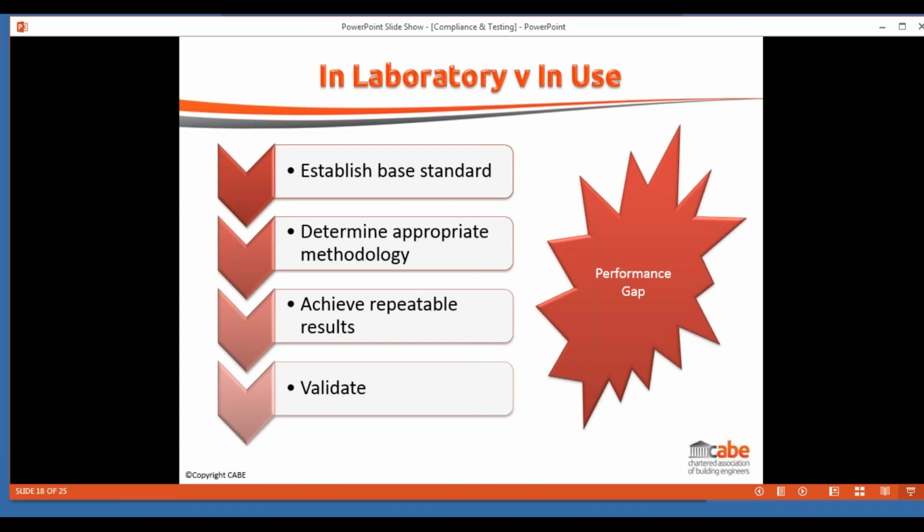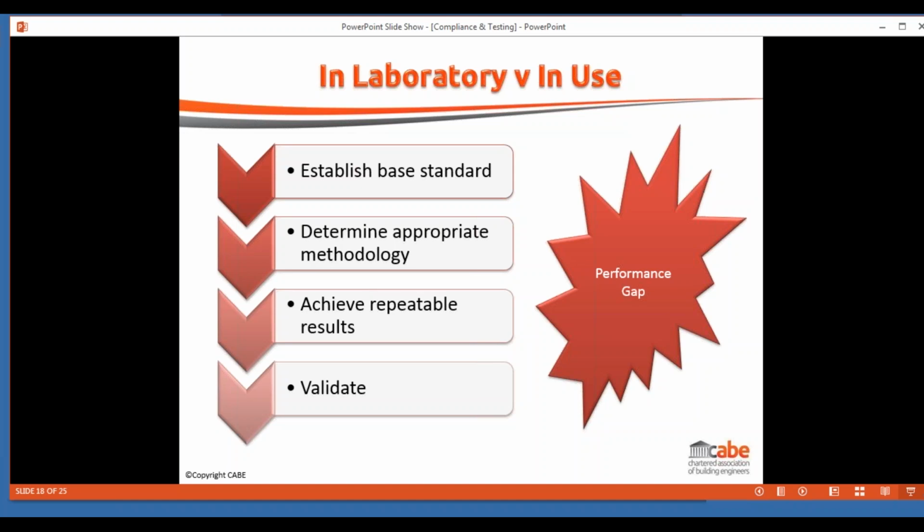What we do have to make sure is that the methodology and the test itself is fit for purpose and reflects how the majority of these things are going to be put together and used. Again, the laboratory results have to be able to achieve repeatable, consistent results when using the same material to validate it.